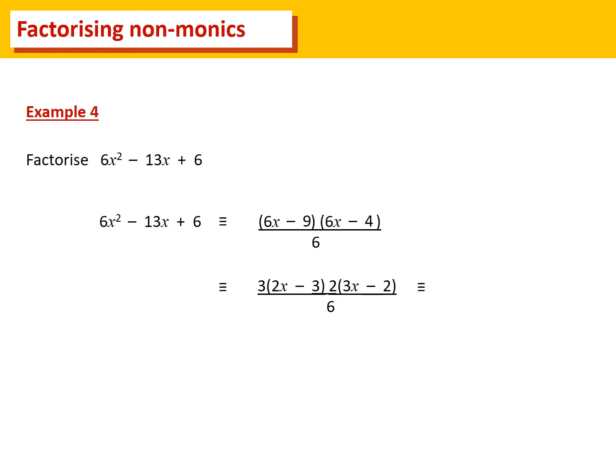Now, if we look at that numerator, that 3 times 2 we can put together at the front as 6. And it's 6 lots of 2x minus 3, 3x minus 2, all divided by 6. The 6's cancel, and our final answer is 2x subtract 3, 3x minus 2.